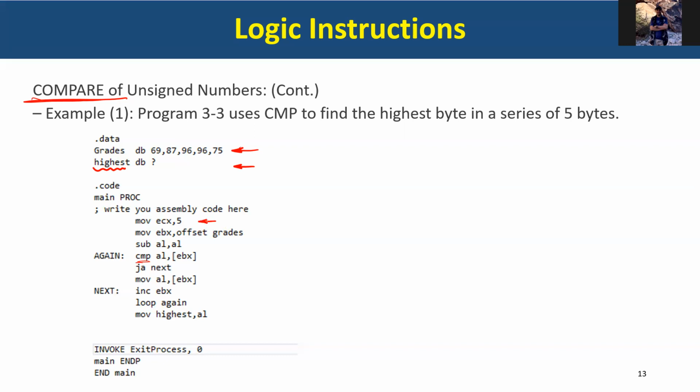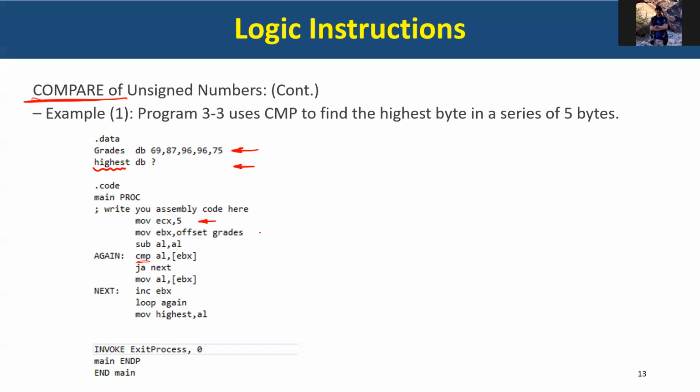Then we should fill in our ECX. ECX basically is used all the time as our iterator. As we said, ECX, as a register, is usually used as an iterator for our loops. So first, we're gonna add 5 to ECX because we have five numbers in which we're gonna determine where the maximum is.